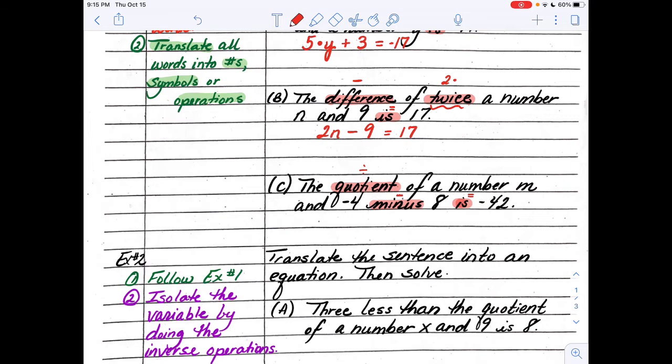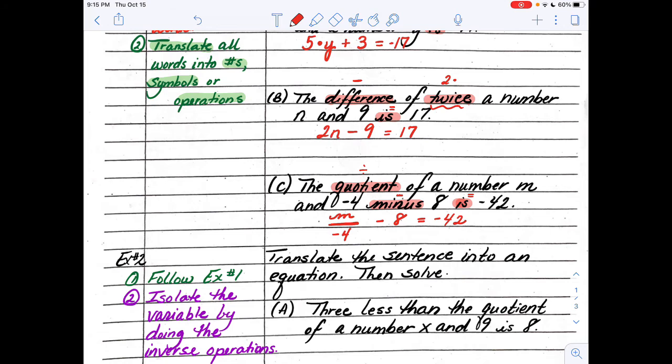Now, I don't usually use that division sign when I'm doing equations. I usually turn it into that fractional symbol for dividing. So the quotient of number m, so that's going to go on the top, and negative 4, that's going to be on the bottom, minus 8 is negative 42.